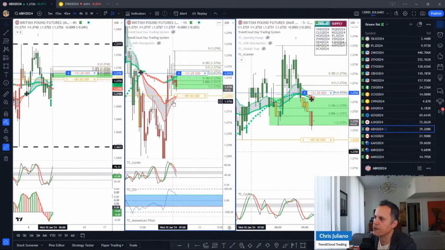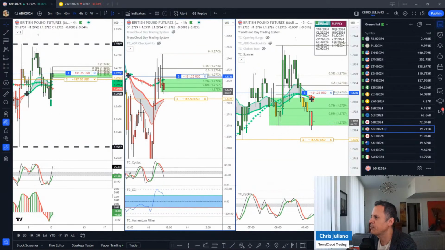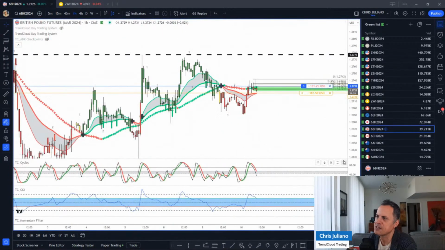1 hour chart, right? You see, Simon, 1 hour chart. Let me open this up. I mean, the currencies, look at this. You've got that impulse up, deep pullback past the trend cloud. Impulse up, deep pullback past the trend cloud.